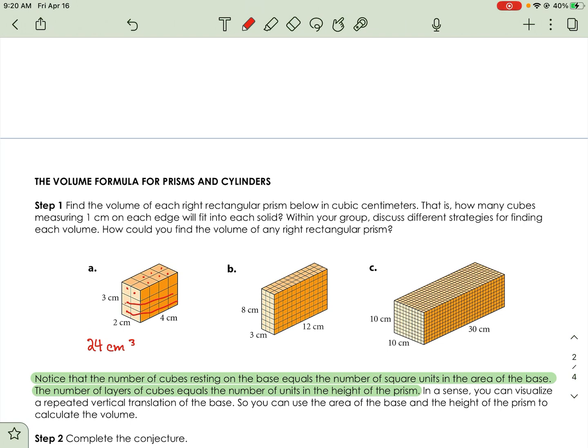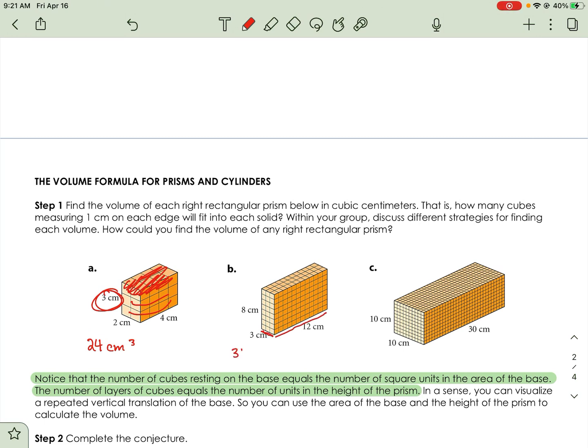And what you may have noticed here is that we found the number of cubes that were in that top base. And then basically we have that layer repeated 1, 2, and 3 times, which is the height. So essentially what we did is we found the area of the base, and then we multiplied it by however many layers there were, which was the height. So if we do that, and looking at B, you have a base down here that is 3 by 12.